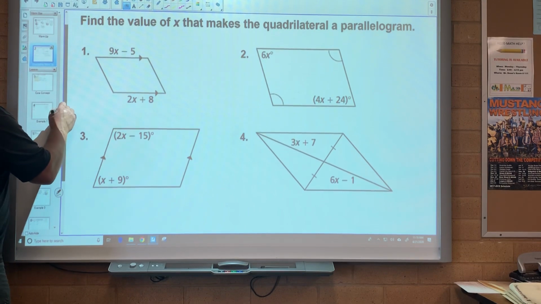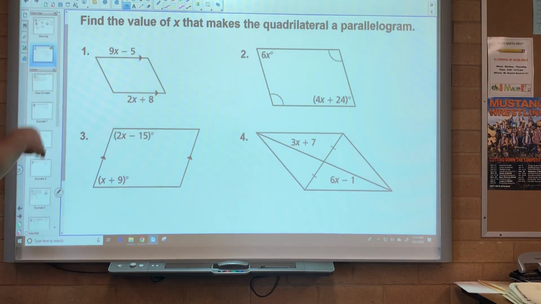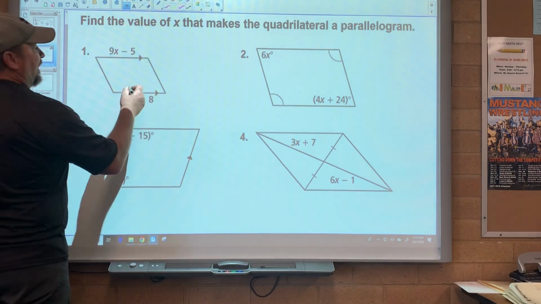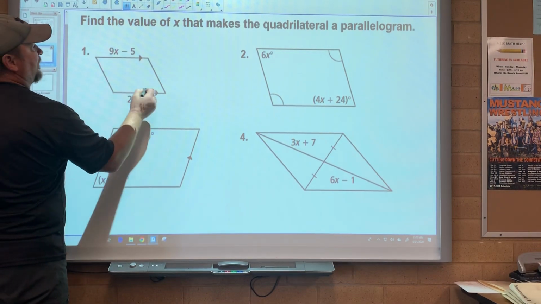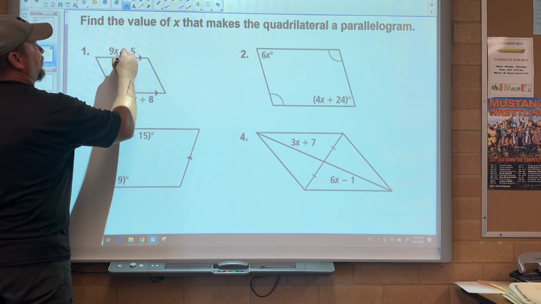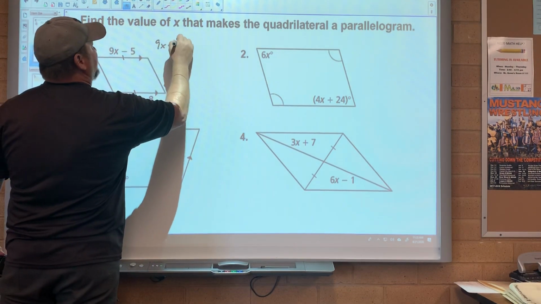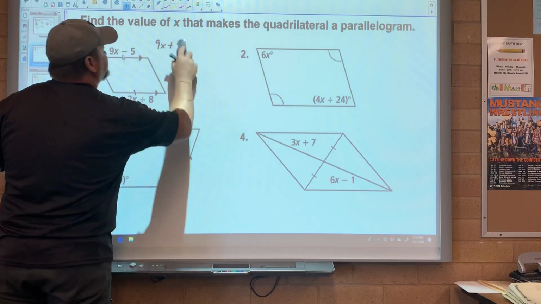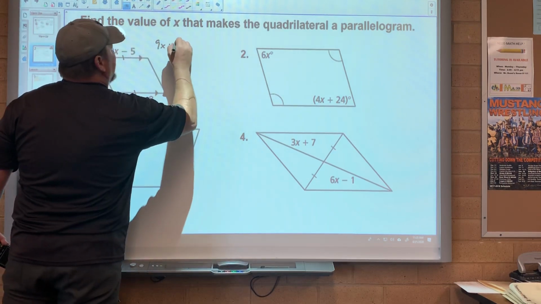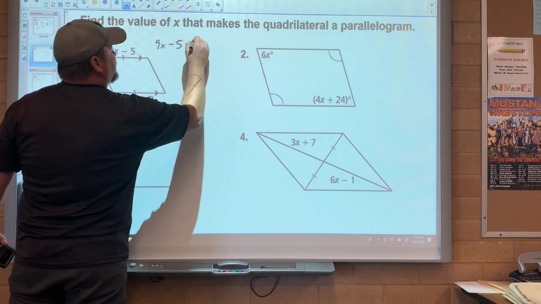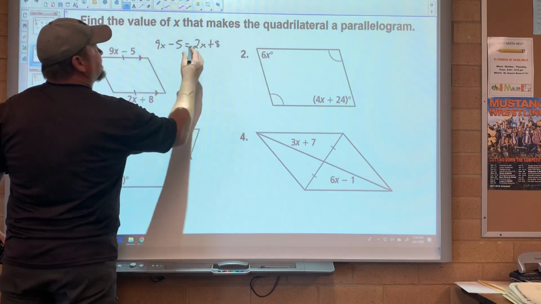This review is finding the value of x that makes each quadrilateral a parallelogram. Remember, if these are going to be parallelograms, there are certain rules that apply. We've got parallel lines, so these two sides have to be congruent. I would set up 9x minus 5 equals 2x plus 8, and solve for it.